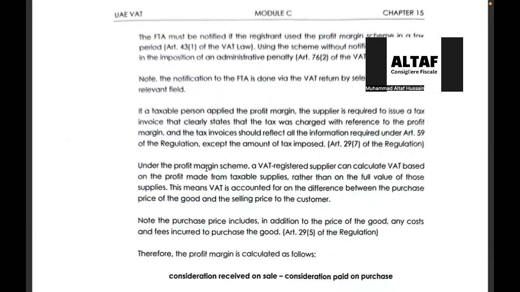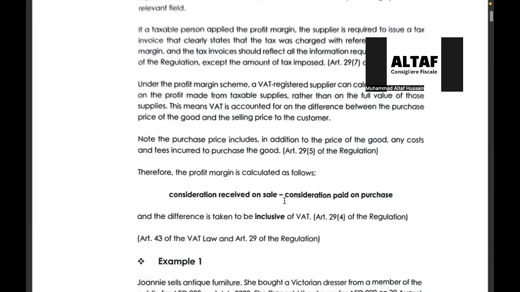Under the profit margin scheme, a VAT registered supplier can calculate VAT based on the profit made from the taxable supplies rather than on the full value of those supplies. This means VAT is accounted for on the difference between the purchase price of the good and the selling price to the consumer.